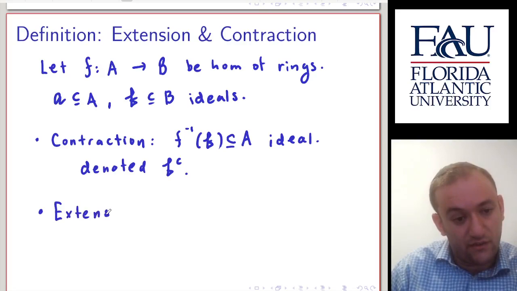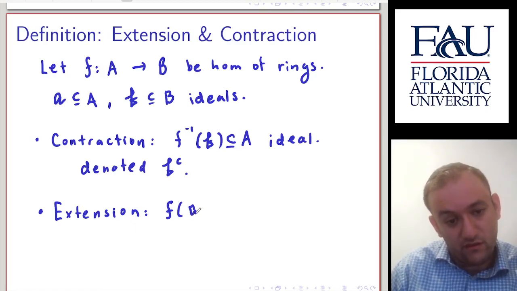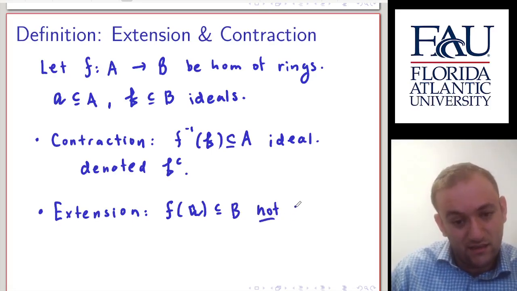As for extension, that goes the other way. So it goes forward along the homomorphism. So we have f of 𝔞. This is a subset of B, but it is not an ideal.